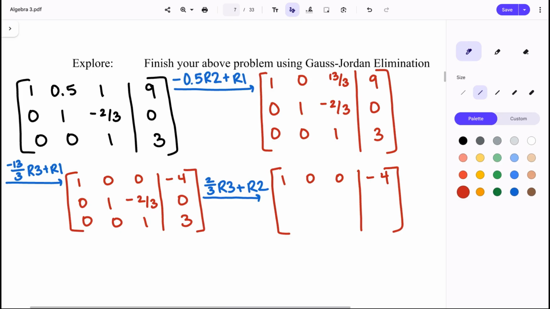Okay, so if we do this, 2/3 times row 3, so 2/3 times 0 plus 0 is 0. Another one here is 0 plus 1 is 1. 2/3 times 1 is 2/3, plus negative 2/3 is 0. 2/3 times 3 would be 2, plus 0 is 2, which is good. And then 0, 0, 1, 3.